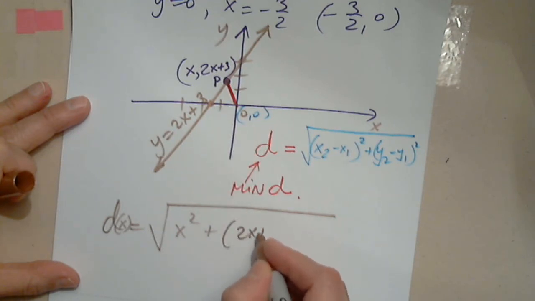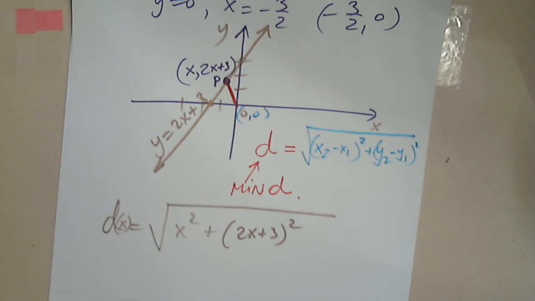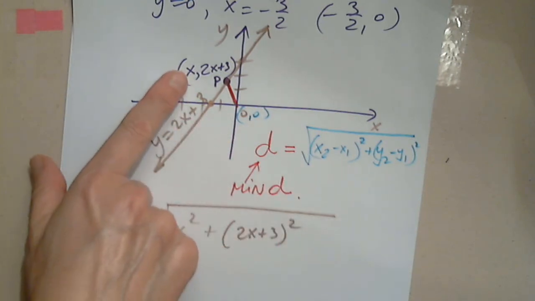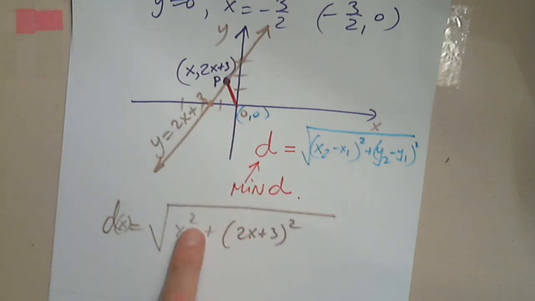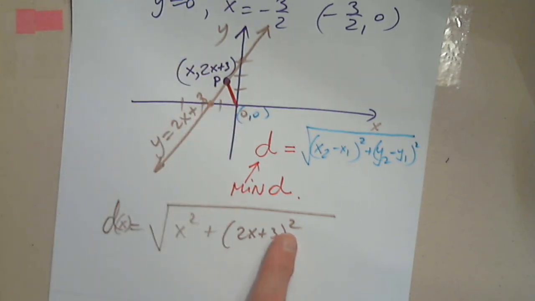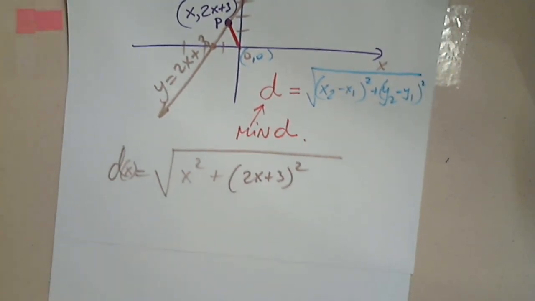Okay. So let's do this one more time to make sure you are with me. x2 minus x1 squared, y2 minus y1 squared. I will simplify as much as I can underneath the square root.